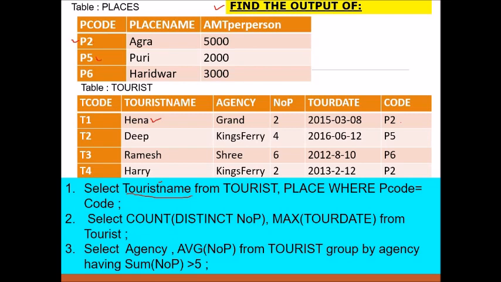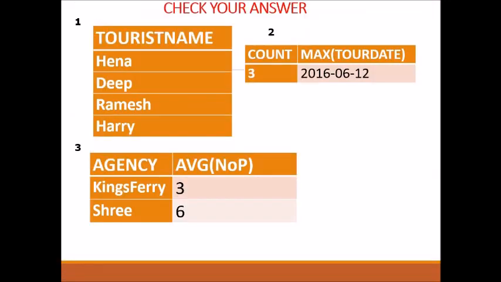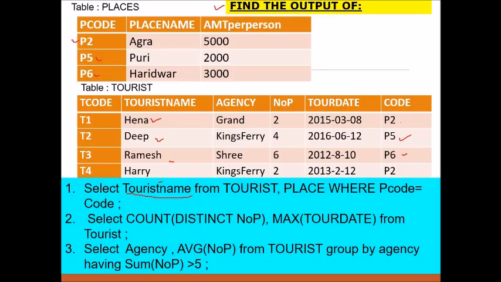P5 is here, so Deep. P6 is here, so Ramesh. So this will be the output. So whenever the condition P code is equal to code is satisfied, the tourist name will be displayed. So for this also P2 is compared, so Harry.